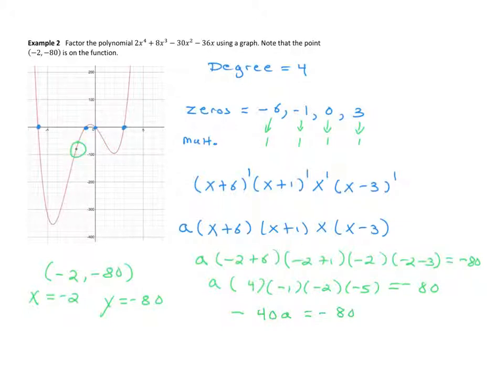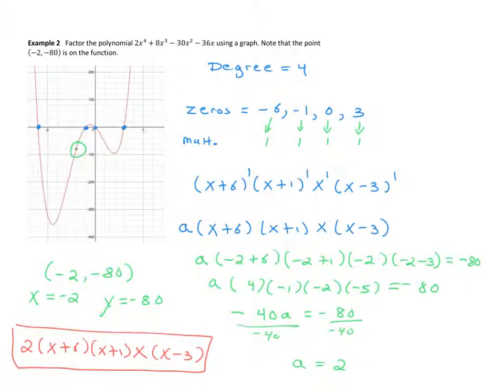If I now divide both sides by -40, I get that a is equal to 2. This now gives me the final answer to this problem. The polynomial in factored form would be 2 times (x plus 6) times (x plus 1) times x times (x minus 3).